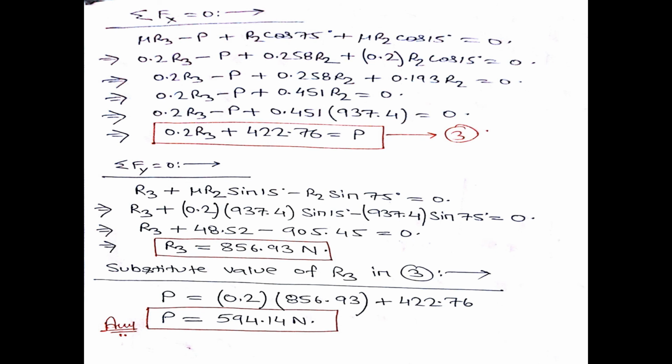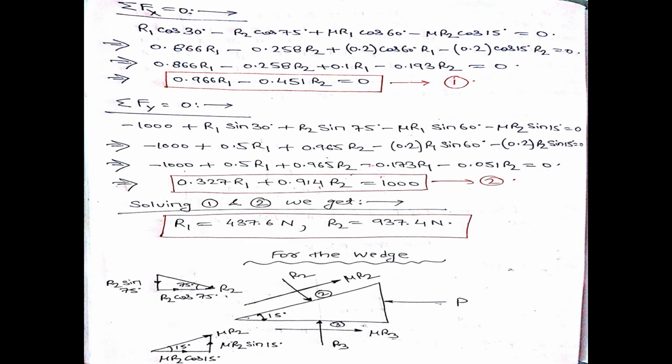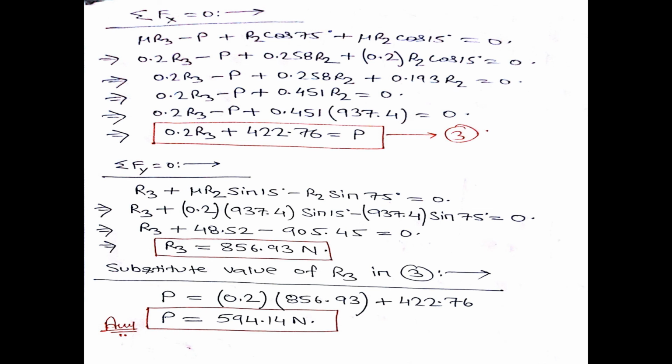Mu is 0.2, substitute, and you have the value of R2, that is 937.4 Newton, that also you substitute in this expression and just solve it. You will get one relation in terms of P and R3, that is equation number 3. 0.2 times R3 plus 422.76 is equal to P. This is the third equation, which is summation Fx equal to 0.